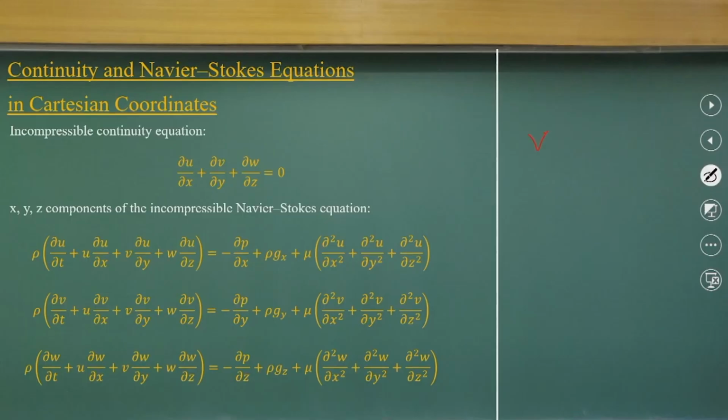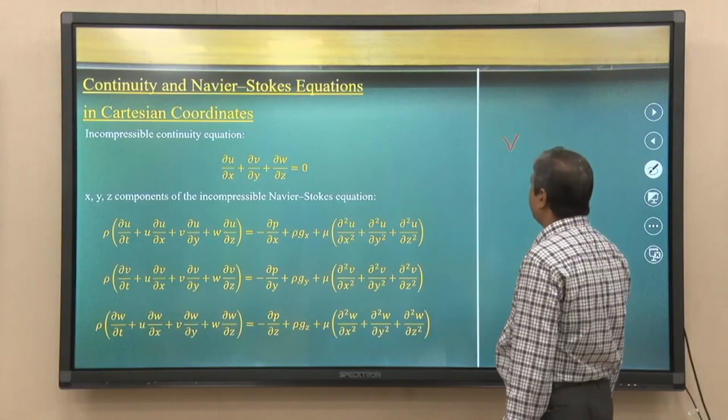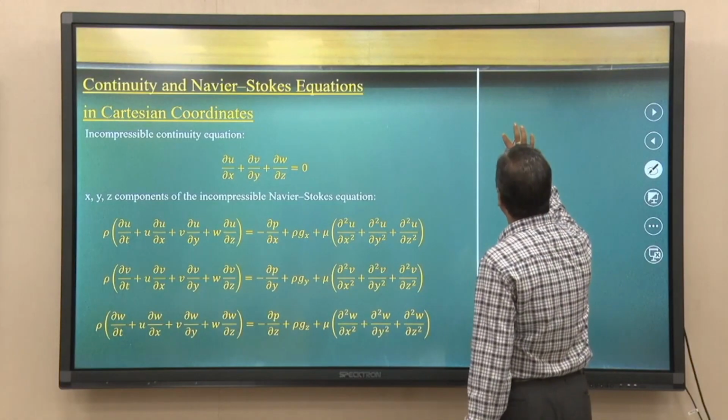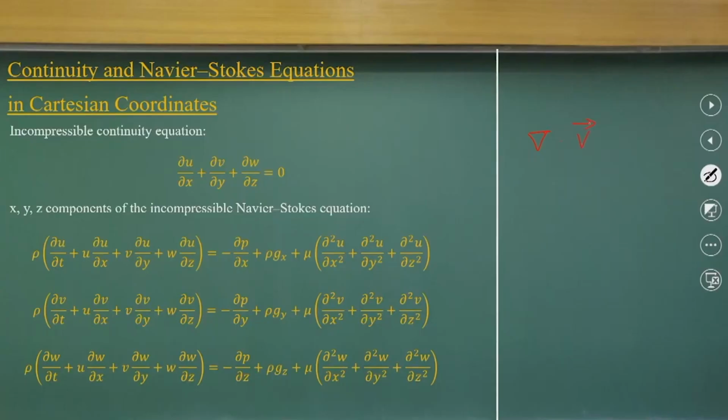These Navier-Stokes equations are in Cartesian coordinates. If I write them in vector form, which is easy to remember, it is del dot v, the divergence of the velocity vector, equal to 0 for incompressible fluid flow, and that is the equation of continuity.